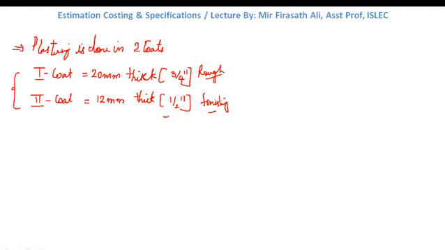For the 20 mm coat, that is our rough coat, the first coat, 20% excess cement mortar must be added to cover undulations and grooves. So, for the first coat we need to take 20% extra of the quantities which we are getting.